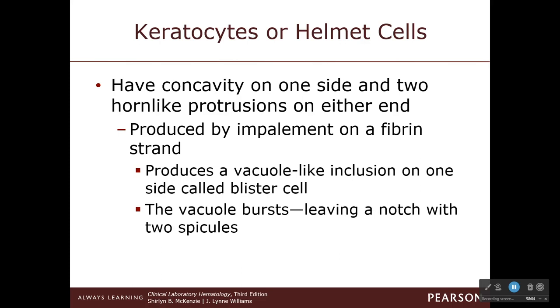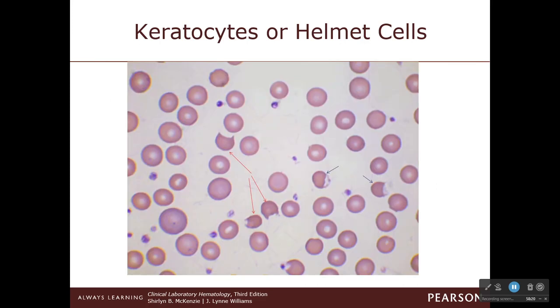They sometimes can produce a vacuole-like inclusion. And if you see these, they're called blister cells when they have this. Okay? Have a little vacuole-like inclusion. And then one side of it can burst, and that's what gives you the two spicules a lot of times. Okay? So you can see these two right here are blister cells. These would be considered blister cells. And then these would be your helmet cells. Okay?